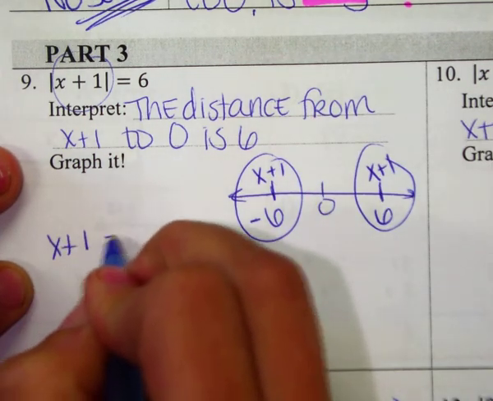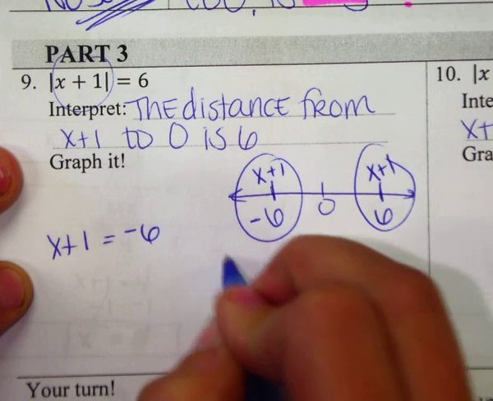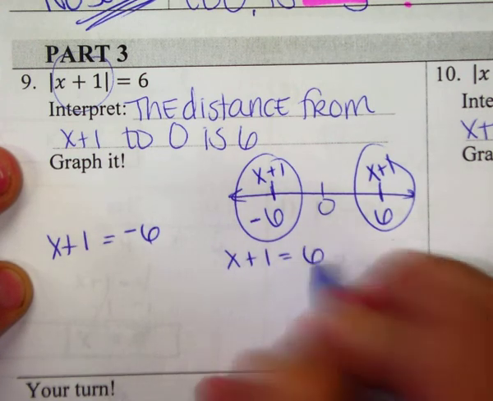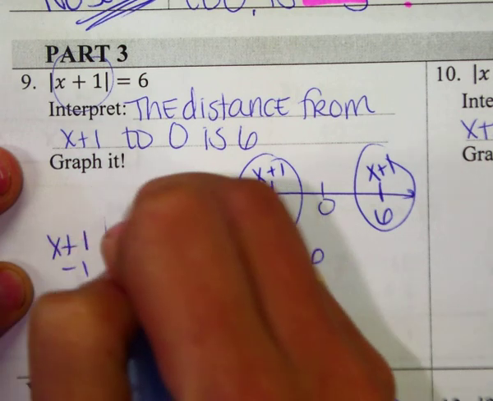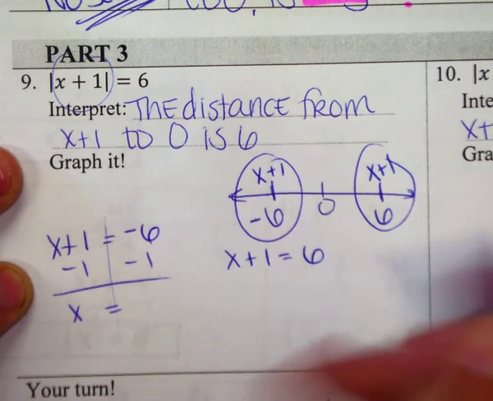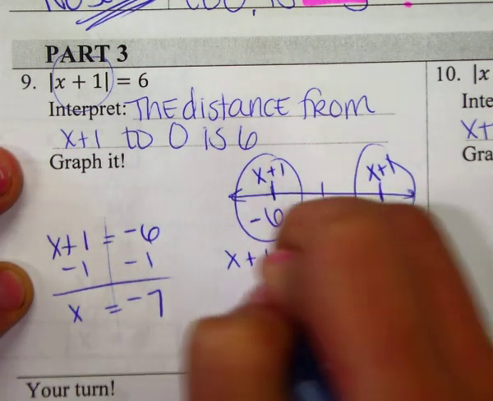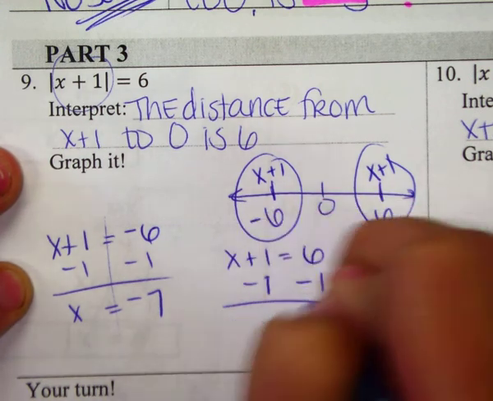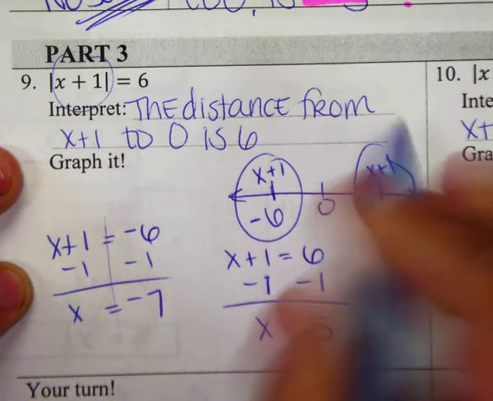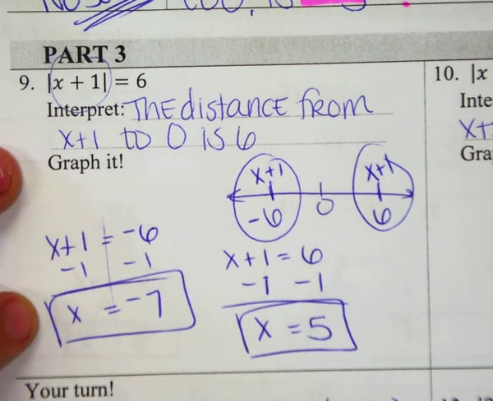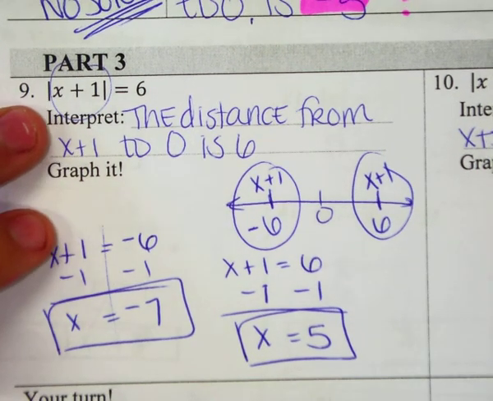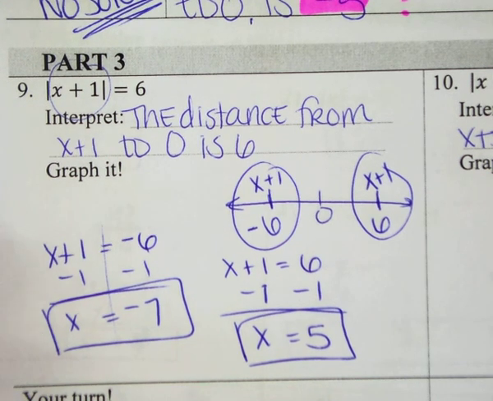X plus 1 equals -6 and x plus 1 equals +6. So we just have to solve both of these. Subtract 1 on both sides. X equals -7 and x equals 5. If we substitute x equals 5 or x equals negative 7 back in, we would get something that is 6 units from 0.